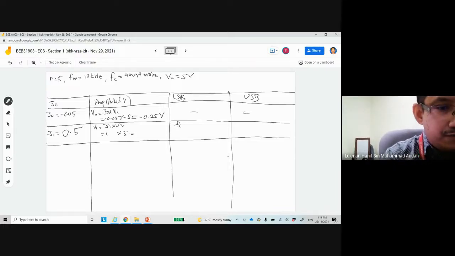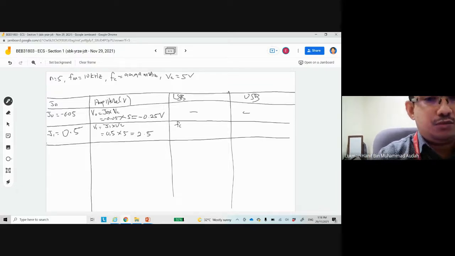So 0.5 multiplied with 5, you get 2.5. Okay, 2.5 volt. And then here is FC minus FM, which is equal to 99.99 minus 0.04.